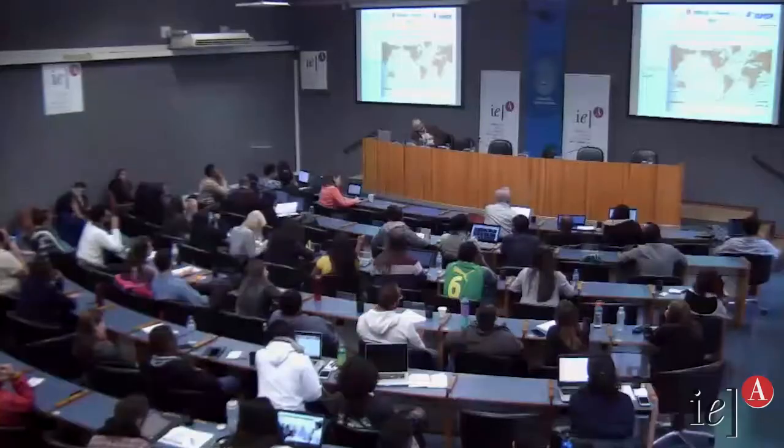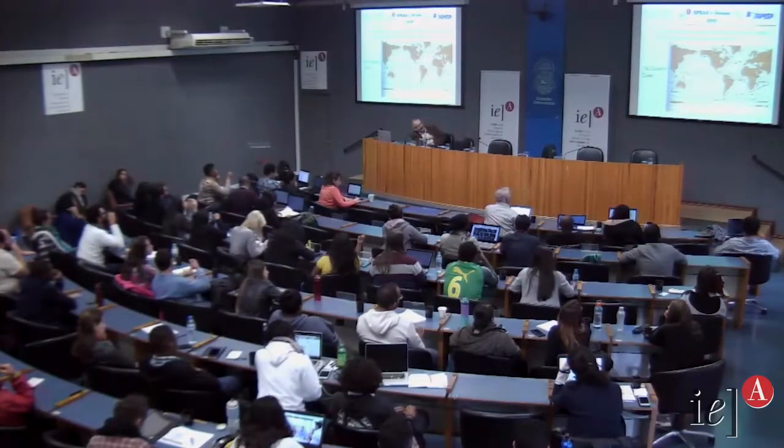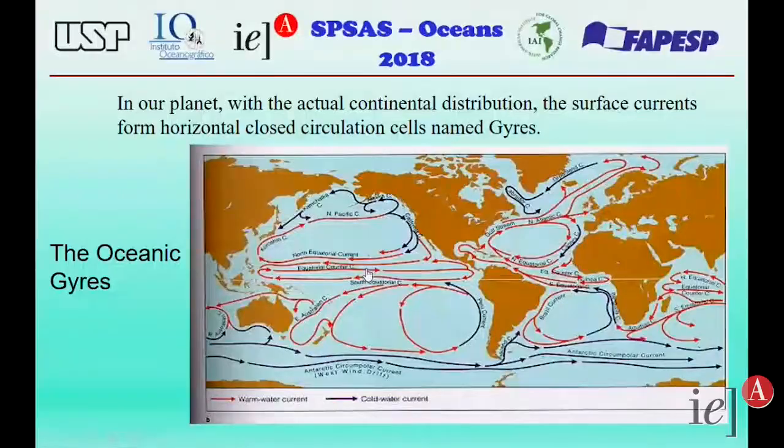In the southern hemisphere, we don't have circumpolar gyres because we have only one current that goes from west to east all around Antarctica, and this is named the Antarctic Circumpolar Current.